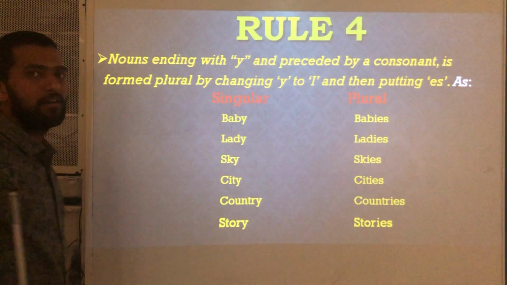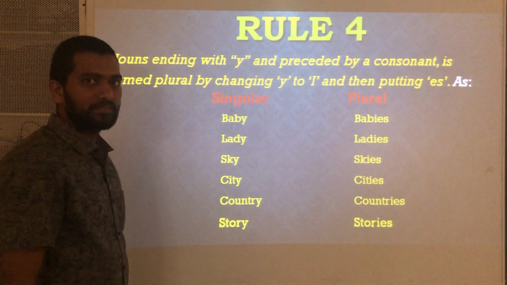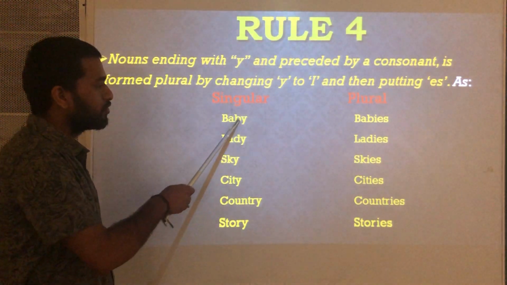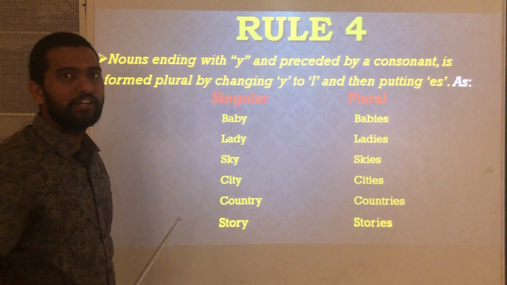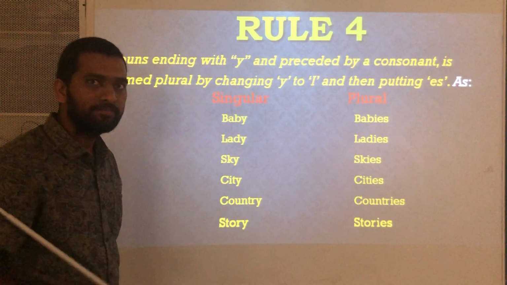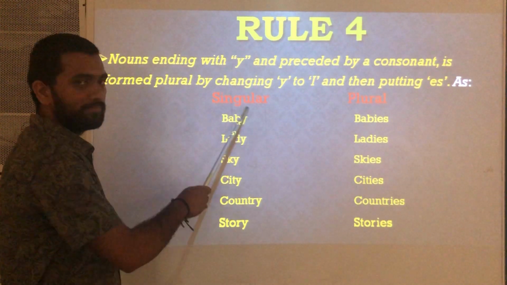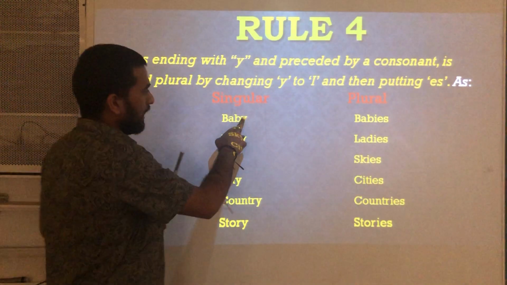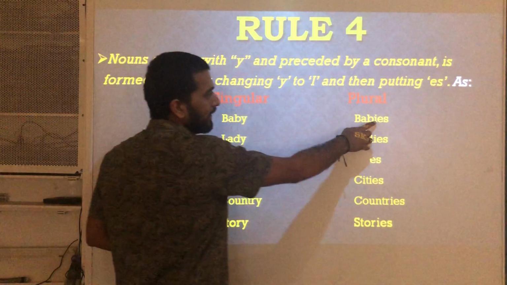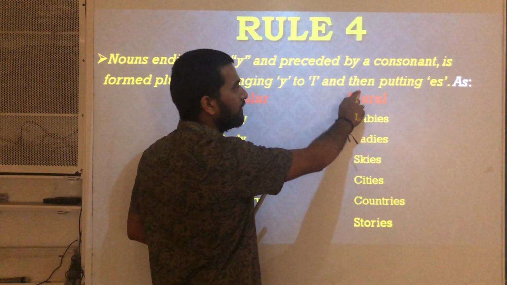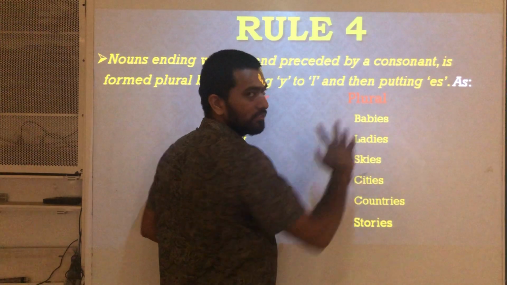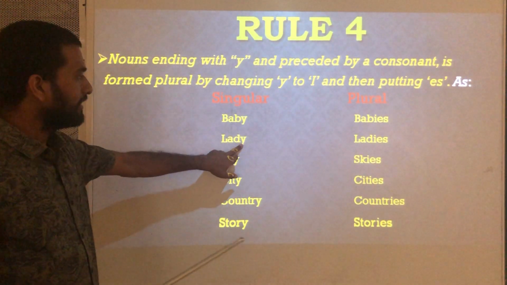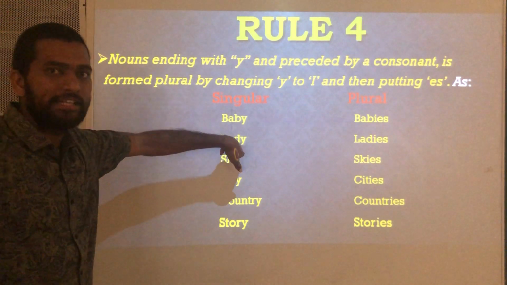See, look at the example now. Baby: y is the last letter and before it a consonant is there. So what do we have to follow? We have to follow rule number 4. First remove y. Remove y and write i, bab-i, and then put es, babies. Look at the second example, lady: before y a consonant is there.